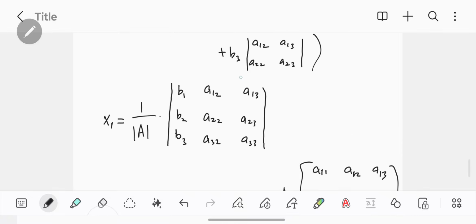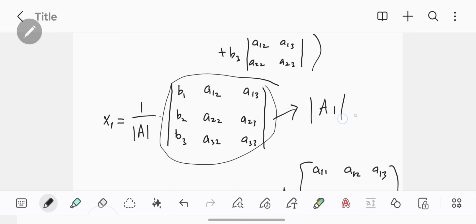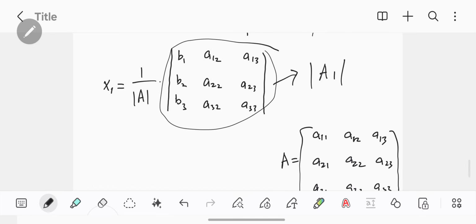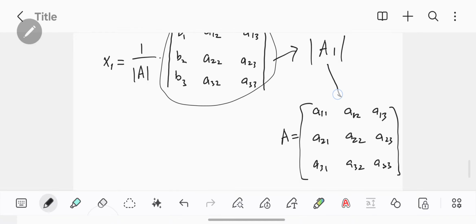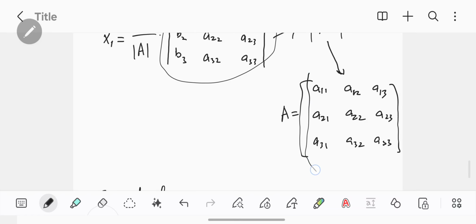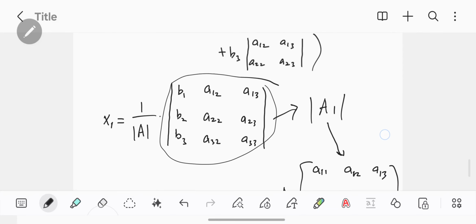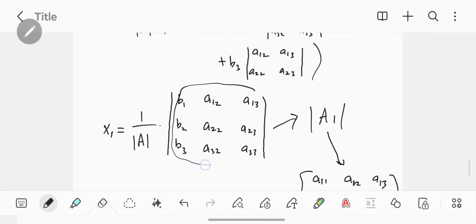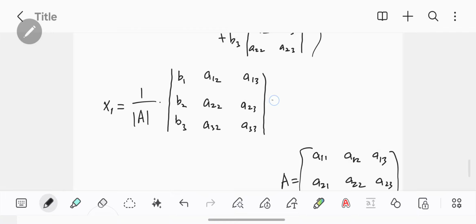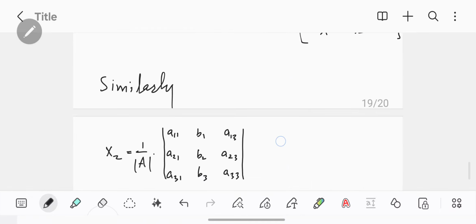Usually this whole determinant is represented by A1. A1 means the matrix obtained by replacing the first column by the matrix B, okay? I mean, this whole matrix is usually named as A1. So I can write the determinant of A1 over the determinant of A, okay?